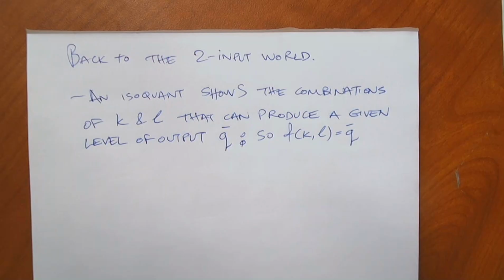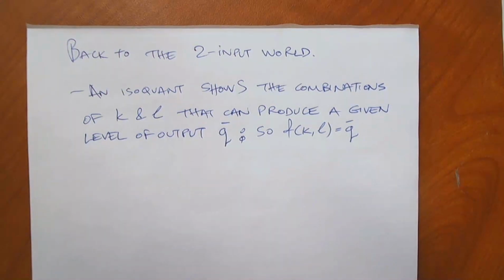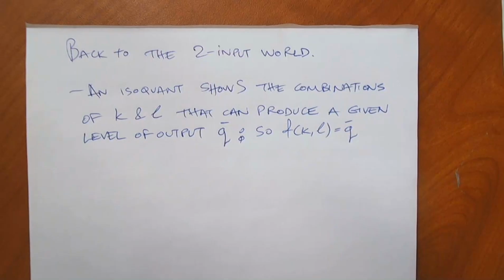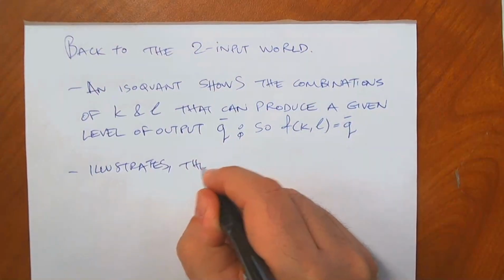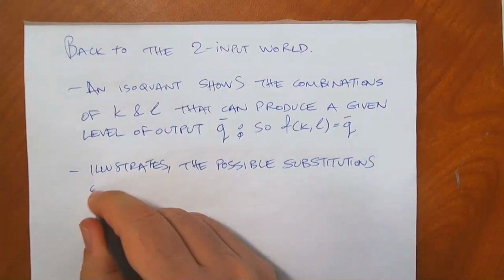Cost for hiring those inputs, that's going to define what this firm is going to be able to do in terms of substituting across those inputs. But at this point, we're just in the theoretical possibility, right? We're not thinking about how much does it cost to hire labor, how much does it cost to hire capital, how much total money do I have to spend towards labor and capital, right? So it's just the theoretical possibilities for production at this point. So I'm going to say it illustrates the possible substitutions of one input for another.